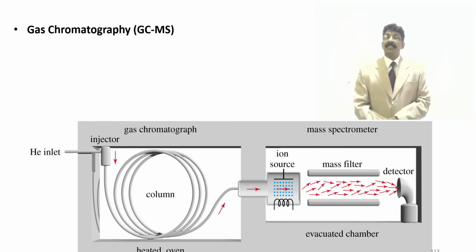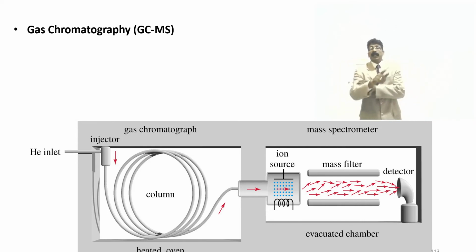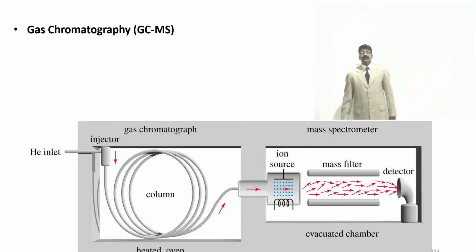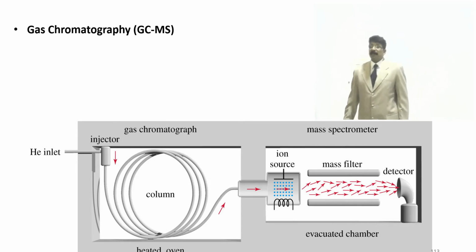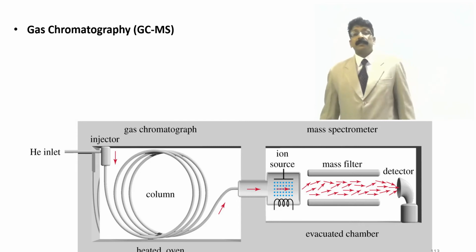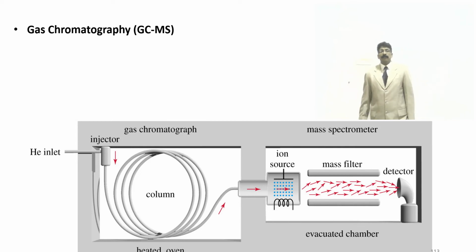In physics you might have studied that. The inlet of the mobile gas is shown in the picture, and an injection part, with the septum, where the sample is injected and enters the column.